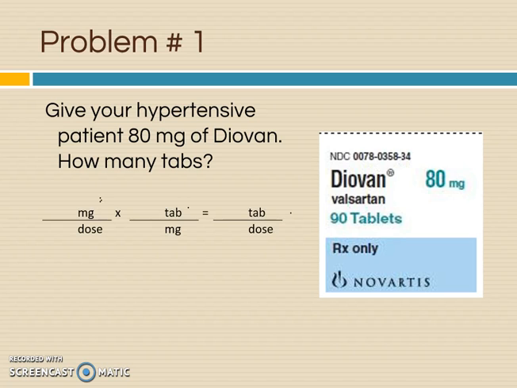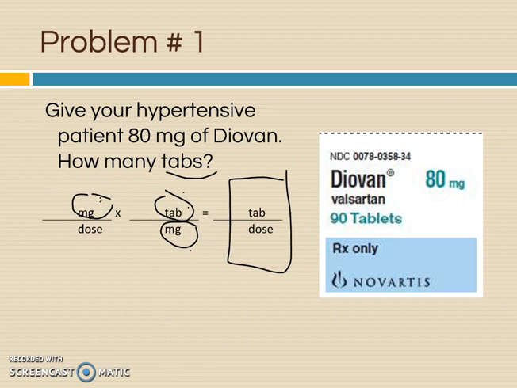Okay, so what we have here is tabs per dose. Again, you have to figure out what exactly you're looking for. And then we have tabs over milligrams, because tabs is in the numerator. That's what we're looking for. We have tabs in terms of milligrams. And then we have milligrams per dose.